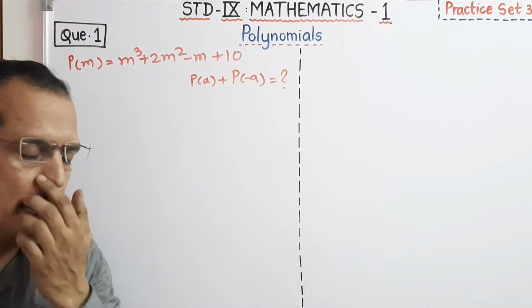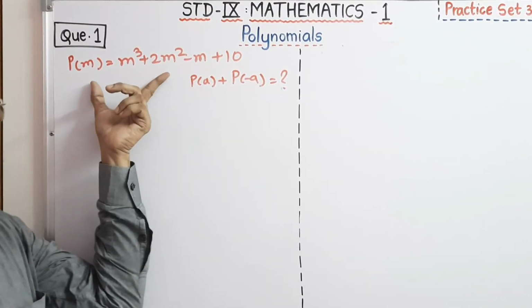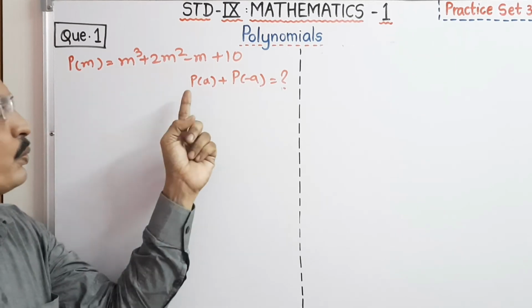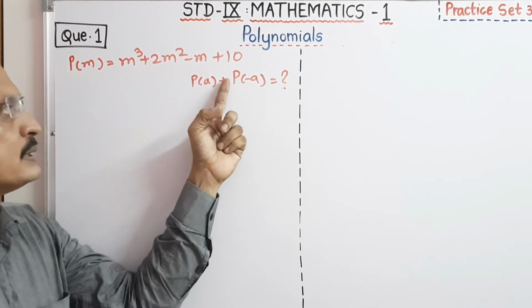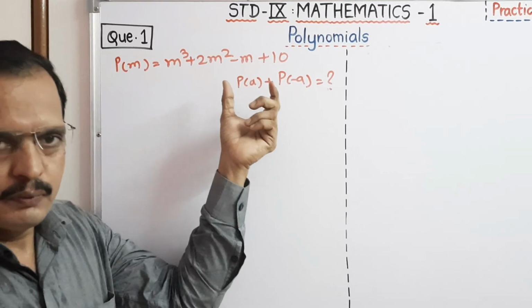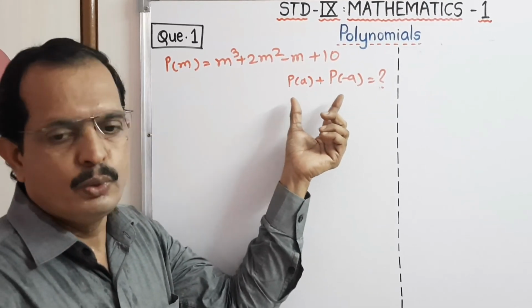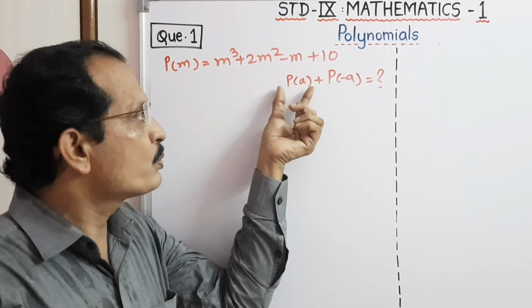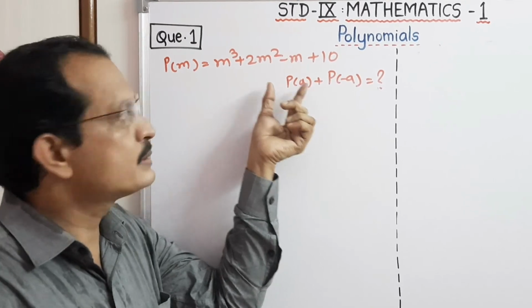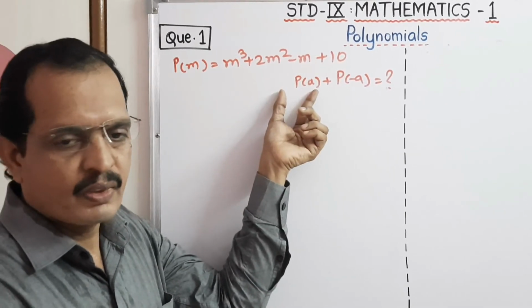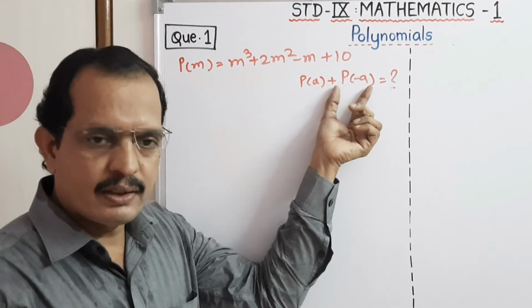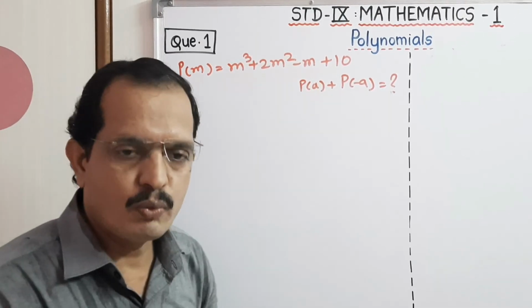Now see, dear student, one polynomial is given and we have to find P(a) plus P(minus a). Very simple. What we have to do? First of all, find the value of this polynomial for P(a), find the value of P(minus a), and make the addition of both.